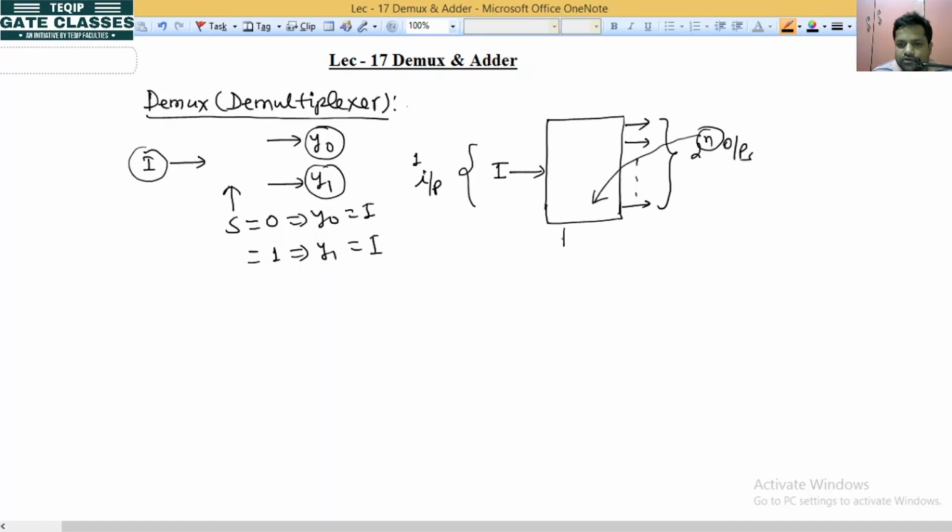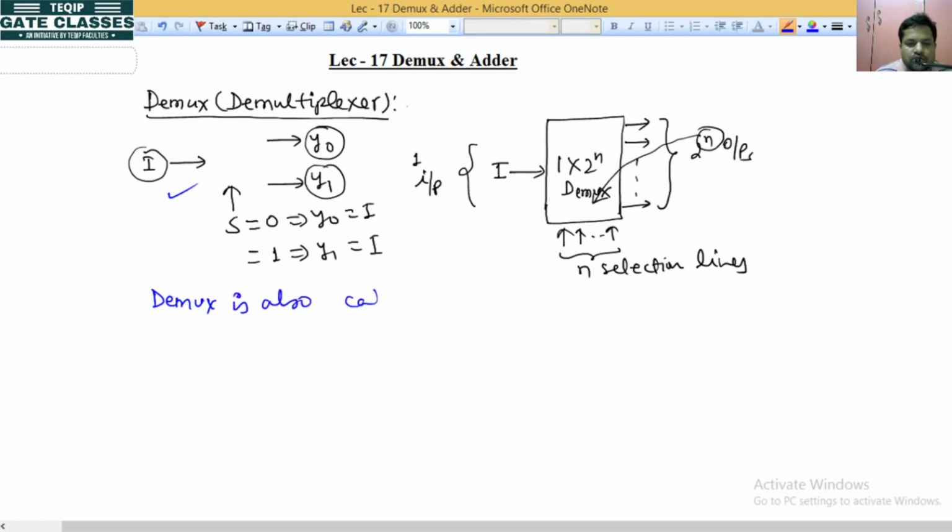N selection lines. So what will be the name of this demux? It will be 1 cross 2 power n demux. If you see here, we are just distributing I either on y0 or on y1. So that's why demux is also called a data distributor.